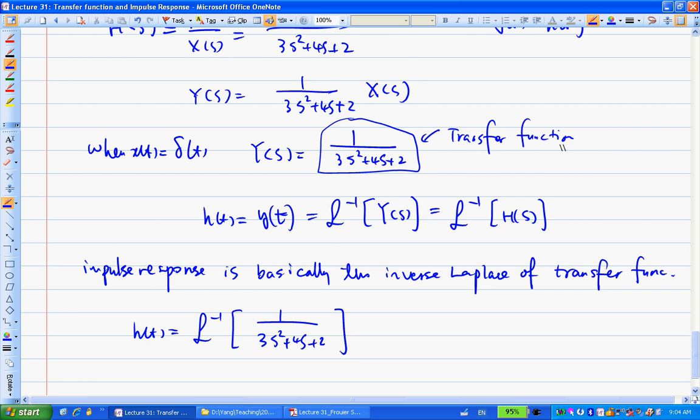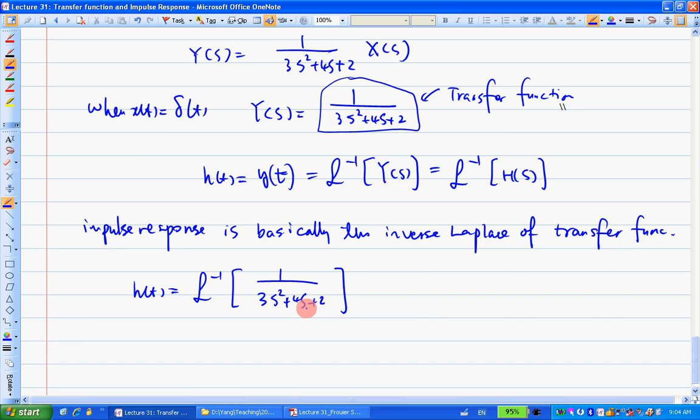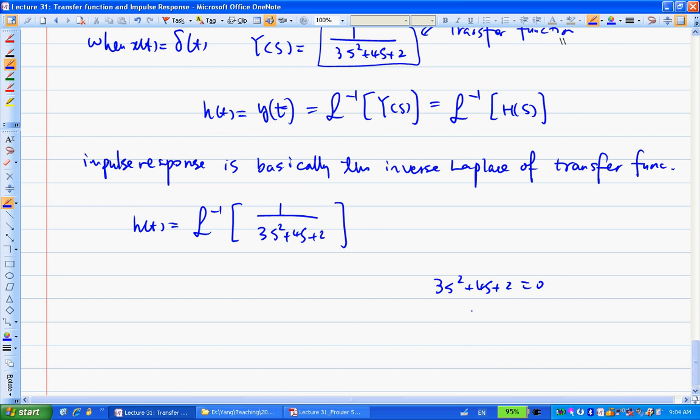The first step, I think, is that this is actually already a pretty simple format. What you're going to do next is look at what kind of roots you have for this denominator. So you set the denominator to 0: 3s squared plus 4s plus 2 equals 0. So what is the solution for s?